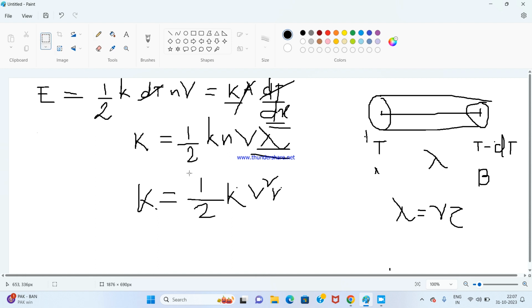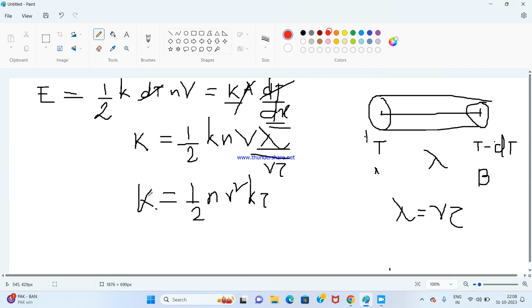So this quantity will appear here. I am putting V tau in place of lambda. So what will come? Half, then the total number of electrons, then this V and this V will be V square, then the Boltzmann constant k into tau.